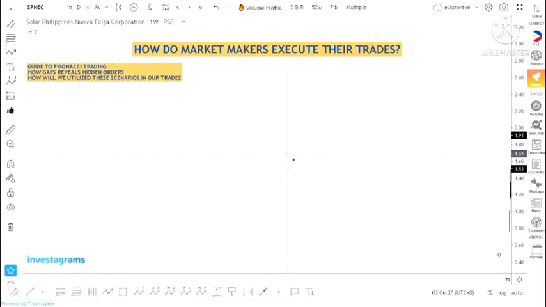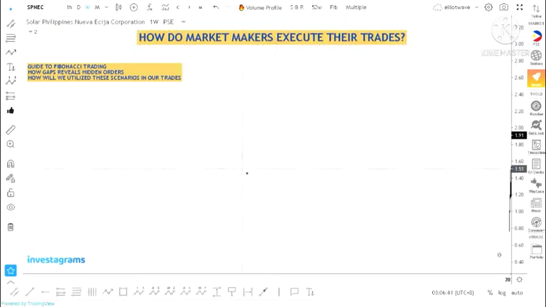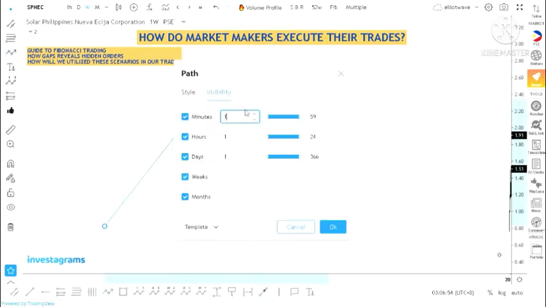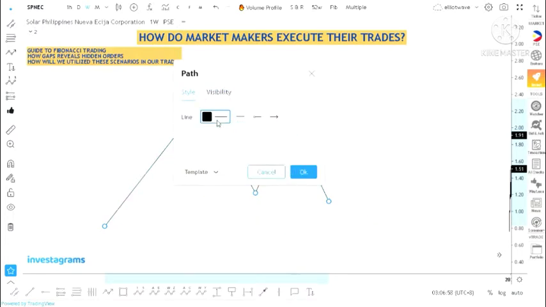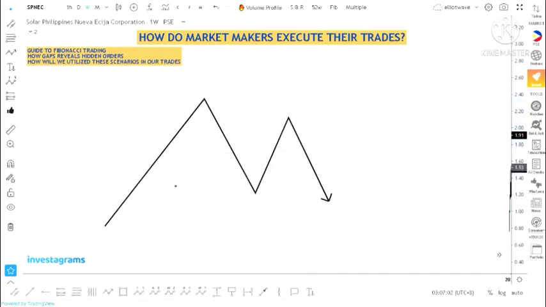Before, I shared with you how we trade waves using Fibonacci trading. Fibonacci is a method wherein, when there is a price impulsion, we will always look for the retracements which are noticeable using the Fibonacci retracement toolbar.